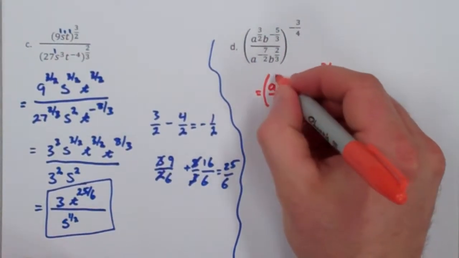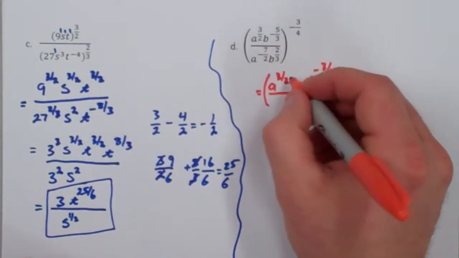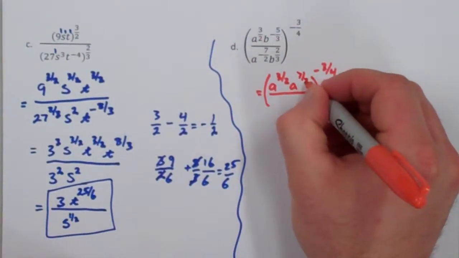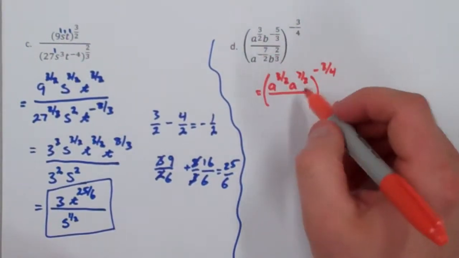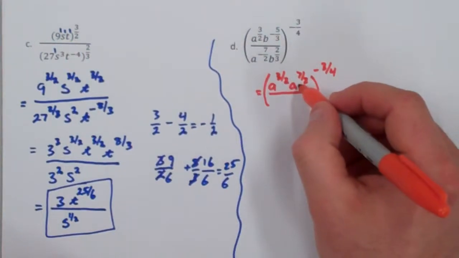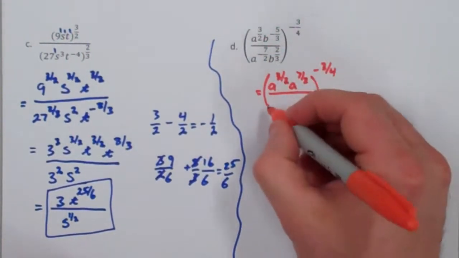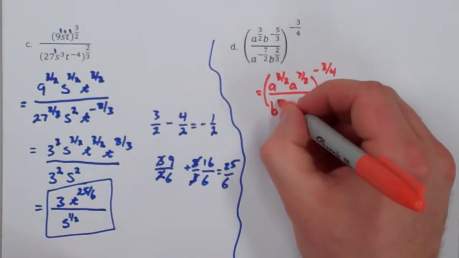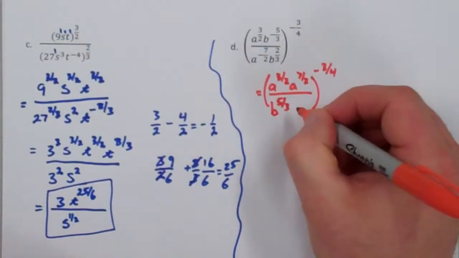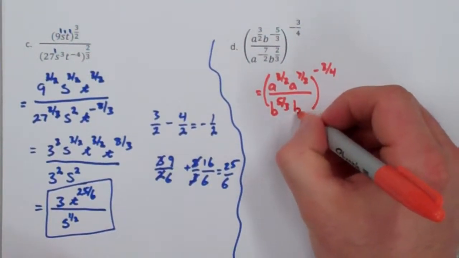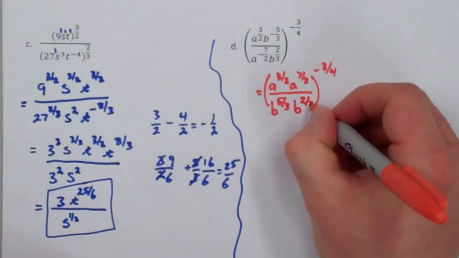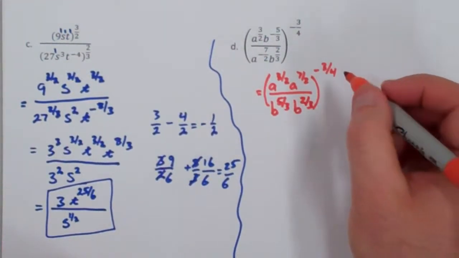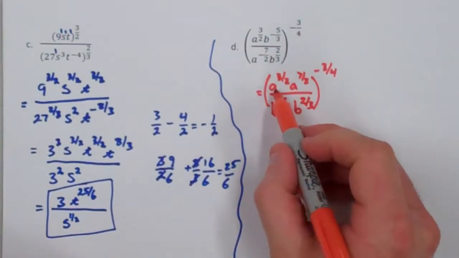A to the 3 over 2 will stay there. This a to the negative 7 over 2 though, is going to come up to the top. And the exponent then will be positive. B to the negative 5 over 3, if we move that to the other side of the fraction, that's b to the 5 over 3. And we've got b to the 2/3 down there as well. You'll notice now that we have like bases.